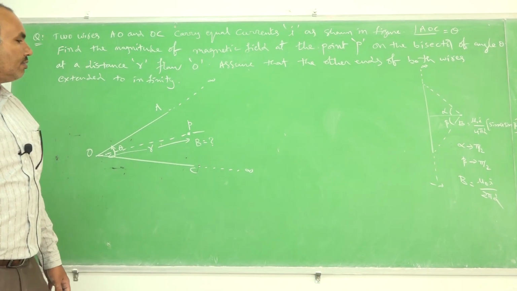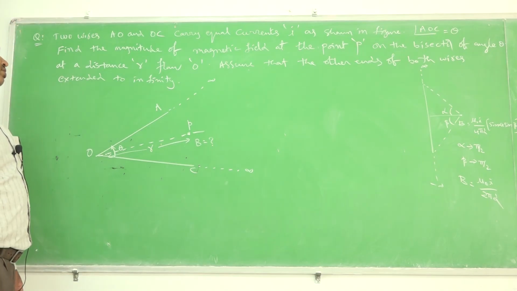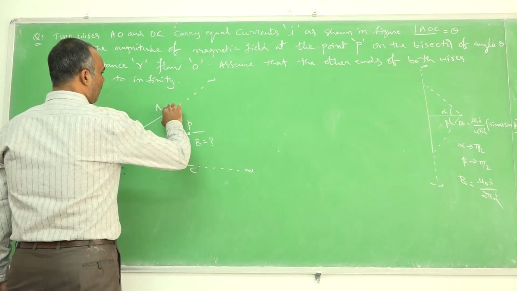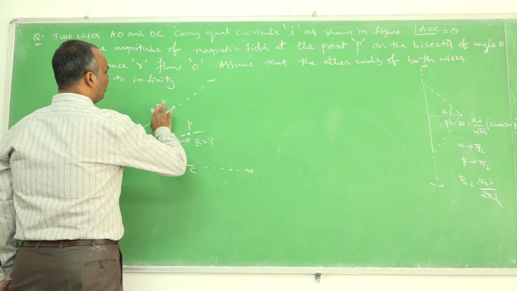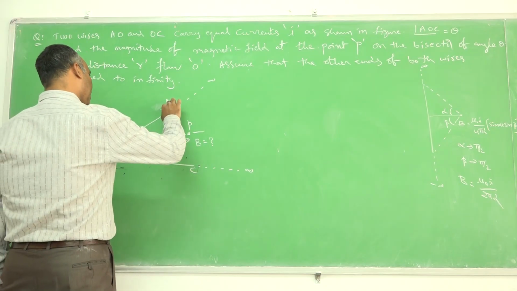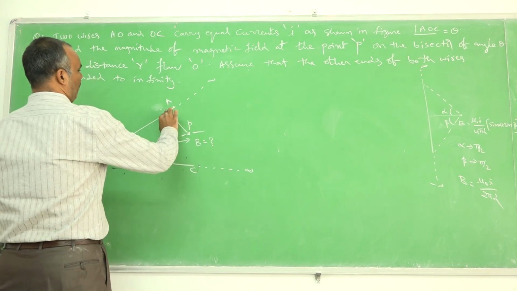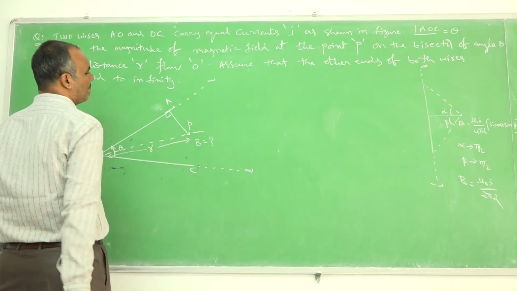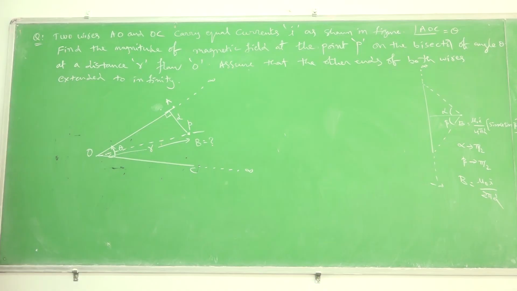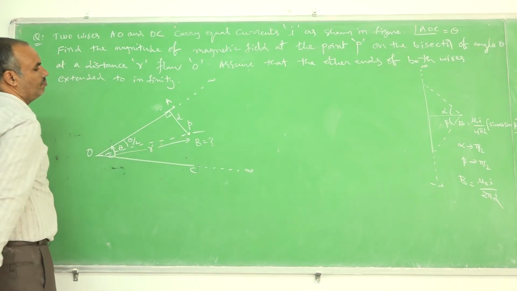But here, this point is located at a distance r. That A is here. If I draw a perpendicular onto this point from OA, the length of the perpendicular is d, and this angle is theta by 2.